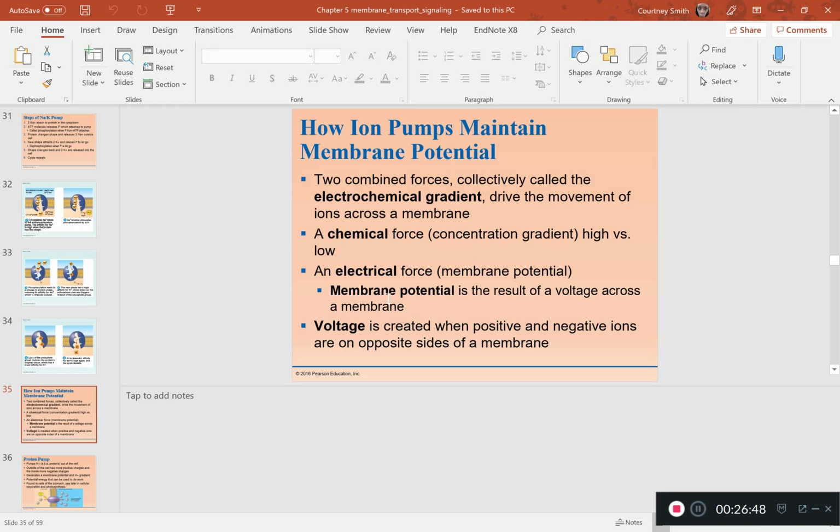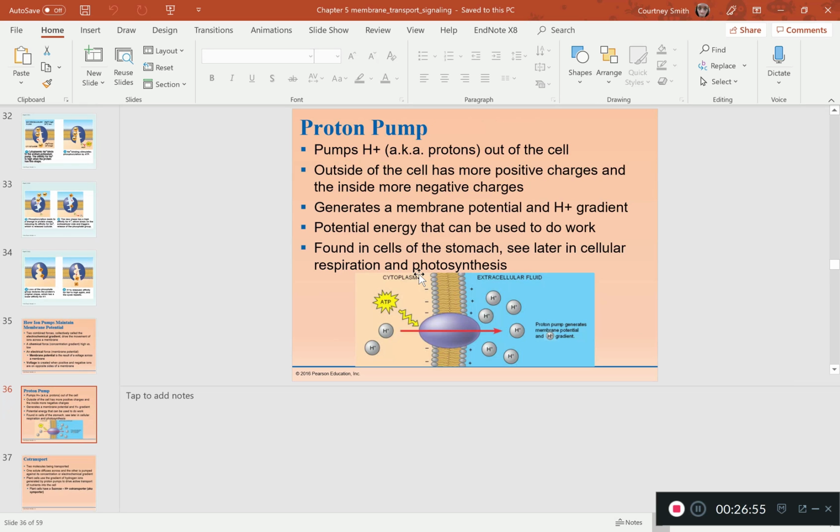The voltage will create positive and negative ions on either side of the membrane. As you see briefly in this picture, this side of the membrane at this point is negatively charged and this side is positively charged. The reason it's positively charged is because all the hydrogens are being pumped out on the outside of the cell, so that part of the cell membrane is going to be positive.